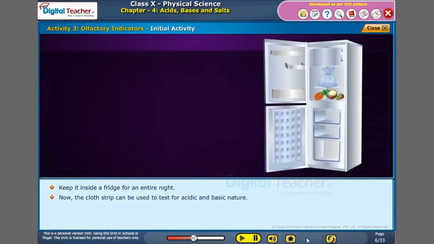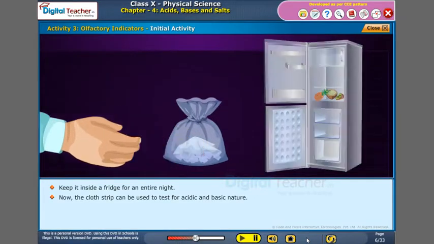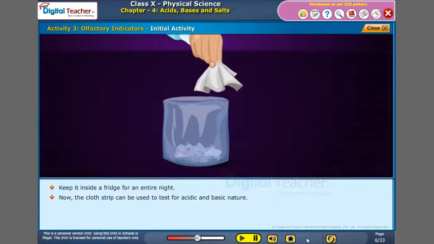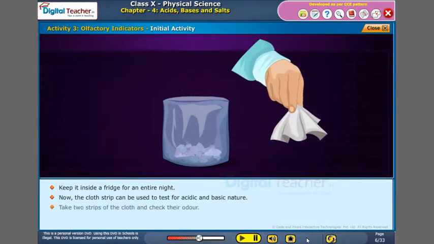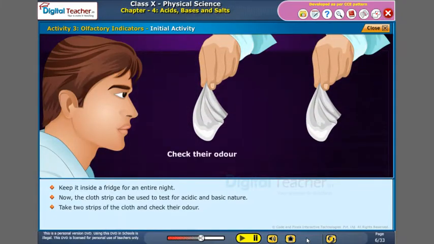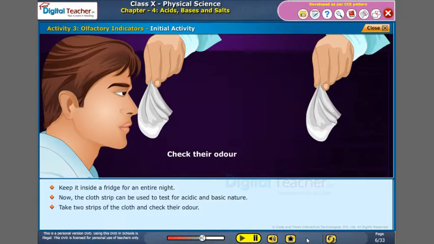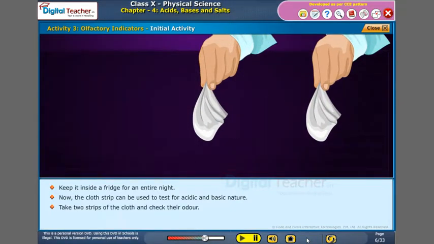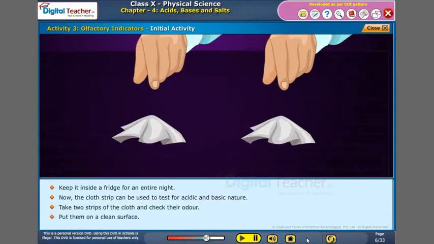Now, the cloth strip can be used to test for acidic and basic nature. Take 2 strips of the cloth and check their odor. Put them on a clean surface.